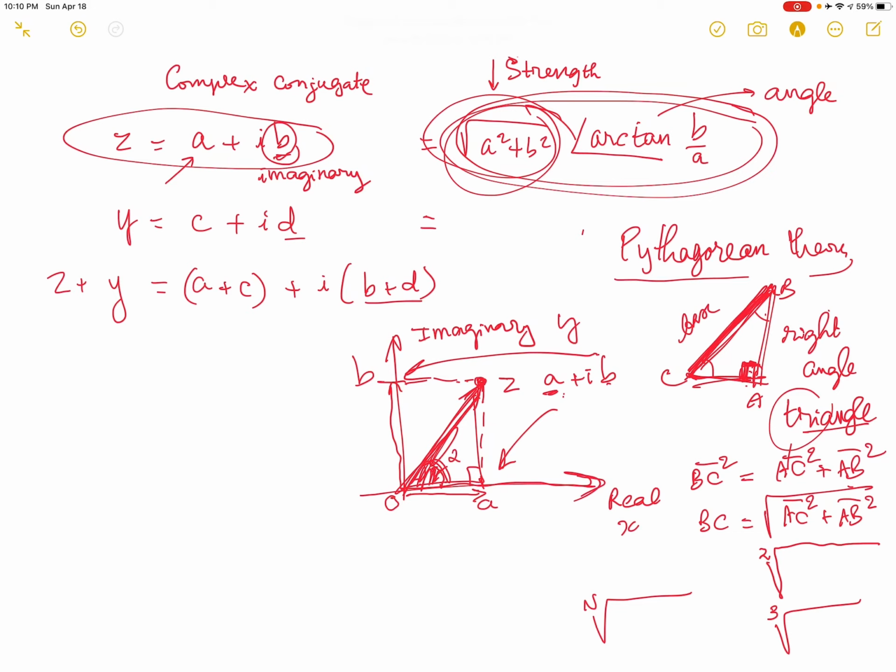And this angle, if you call it alpha, in trigonometry, which we will get to at some point, the tangent of this angle alpha is defined as the opposite edge, which in this case is B, over this side, which is equal to A. Okay, so the tangent of this angle is equal to B over A.